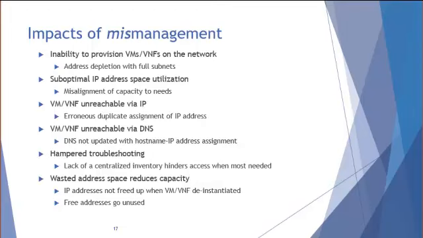And then, of course, wasted address space reduces capacity. It really comes back to address utilization, making sure your address space is used where it's needed by the capacity requirements to keep your enterprise running.